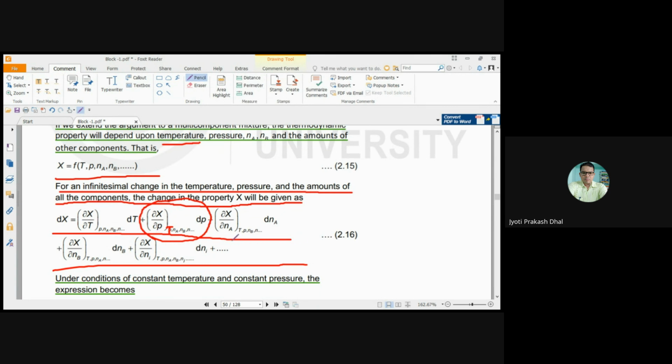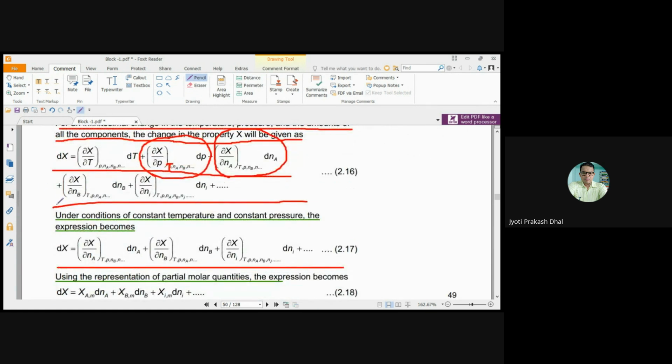And similarly, the third term represents the change in value of X with respect to change in number of moles of A at constant temperature, constant pressure, constant Nb, constant Nc, and so on. The next term represents the change in the value of X with respect to change in number of moles of B at constant T, constant P, constant Na, constant Nc, and so on.